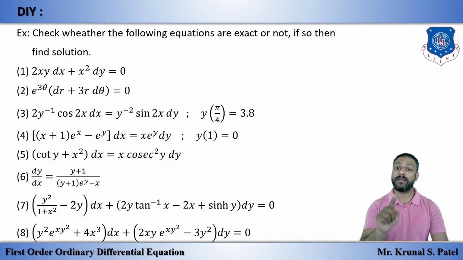For this method, we have another method for non-exact differential equations, and whenever it is asked in the examination, then you have to solve by that method. But right now in this exercise, if you find the given differential equation exact, then you have to solve it, and if it is not exact, then just leave it with the sentence: given differential equation is not exact.